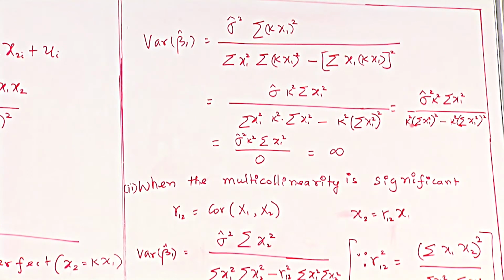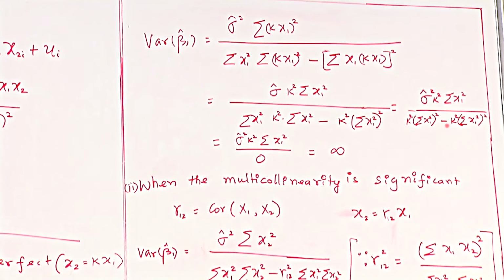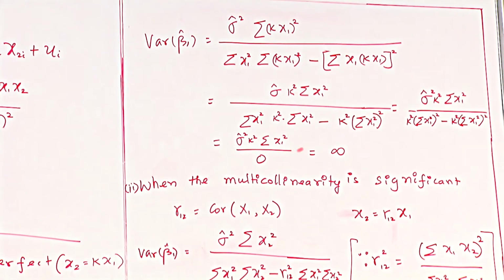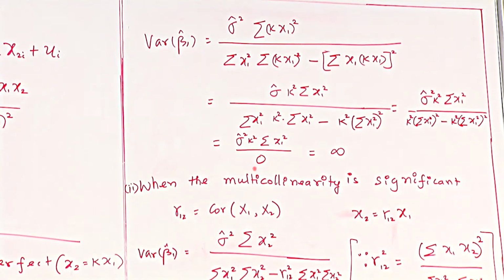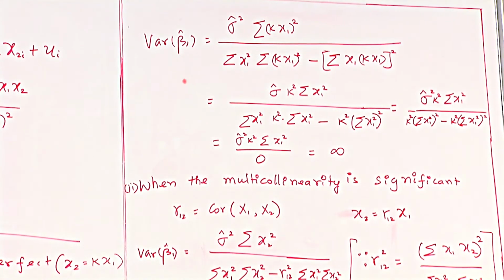The denominator terms are the same, so subtracting gives 0. In the numerator you have a positive value and in the denominator 0, so the value is infinity. When the multicollinearity is perfect, the variance of beta 1 hat is infinity.